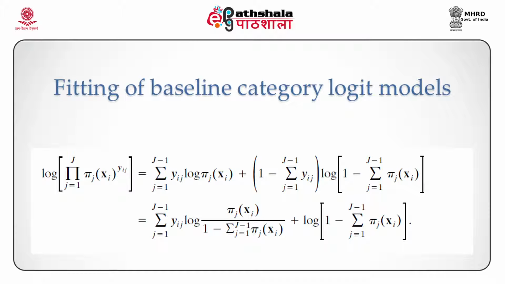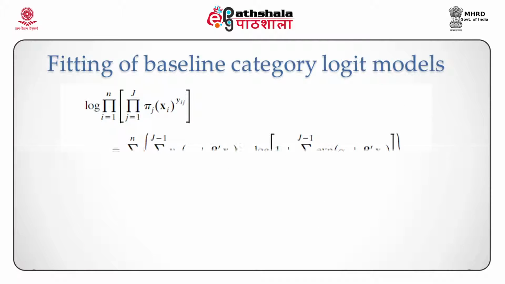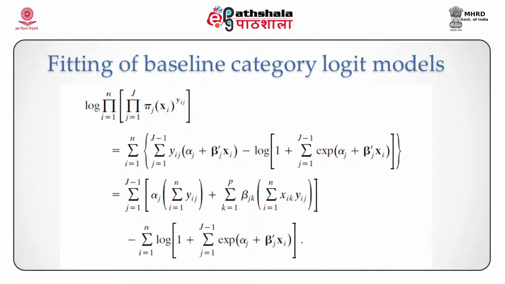However, in practice, this is rather complicated because it turns out that when we find the likelihood for the n individuals, log of product i equal to 1 to n, product j equal to 1 to capital J, pi_j(x_i) to the power y_ij, this turns out to be summation j equal to 1 to J minus 1 alpha_j into summation 1 to n y_ij plus summation k equal to 1 to p beta_jk into summation i equal to 1 to n x_ik y_ij minus summation i equal to 1 to n log of 1 plus summation j equal to 1 to J minus 1 exponential of alpha_j plus beta_j' x_i.